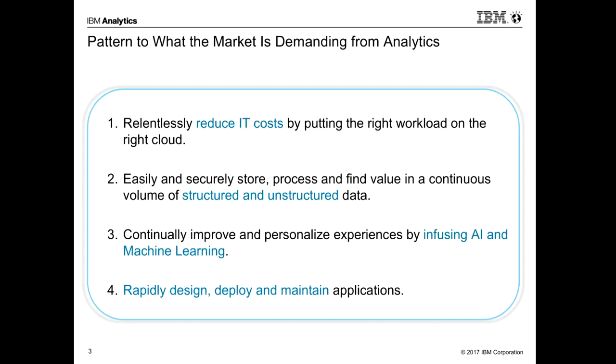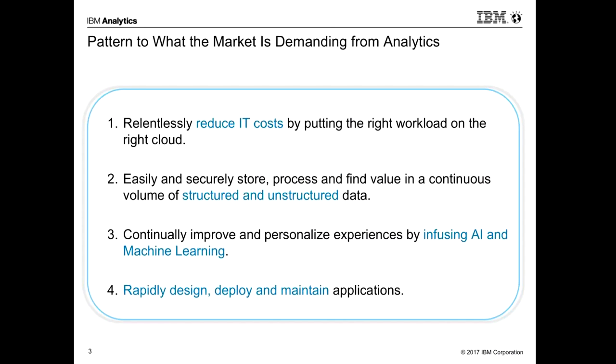Thirdly, customers are trying to figure out how to take advantage of artificial intelligence and machine learning across everything they're doing. There's a desire to personalize experience and optimize operations using these components. And finally, customers are looking for ways to rapidly design, deploy, maintain, and collaborate when they're building their applications.